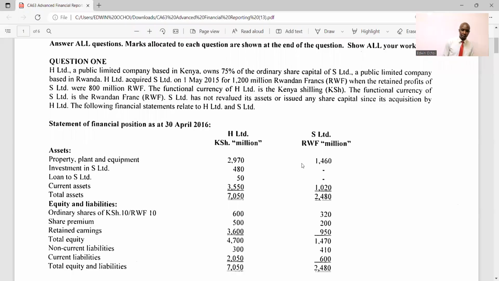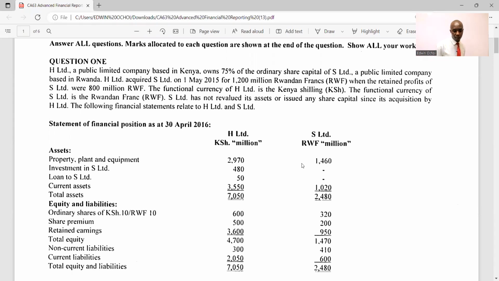So this is a relevant question. They are saying that H Limited, a public company based in Kenya, owns 75% of the ordinary share capital of S, a public limited company based in Rwanda.